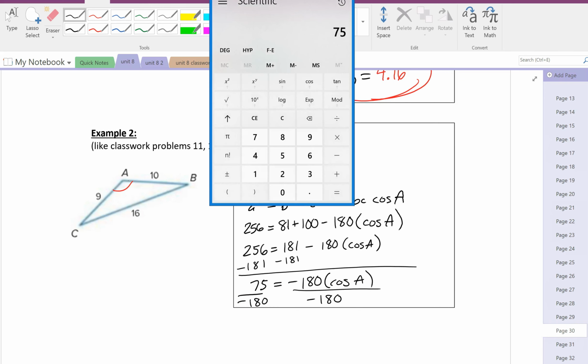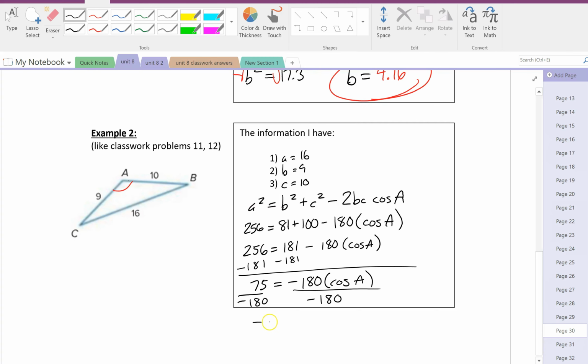I'm going to do a decimal on the left-hand side. 75 divided by negative 180 would be negative 0.416 equals cosine of angle A.